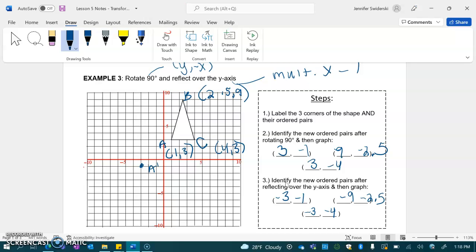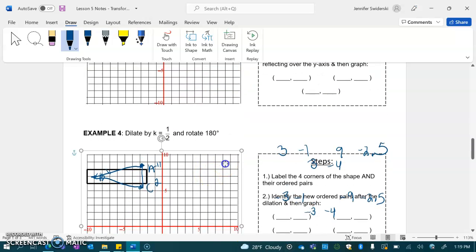That's A prime to the second. B will be negative 9, negative 2.5. So there's B to the second. And then C to the second is negative 3, negative 4. So it's rotated 90 degrees and it is flipped over the y-axis.